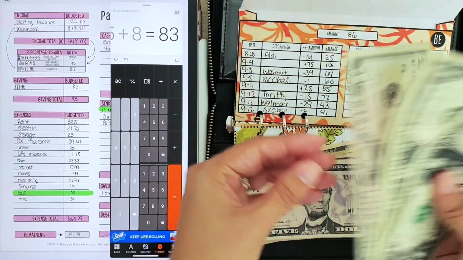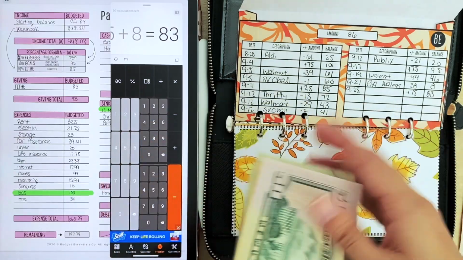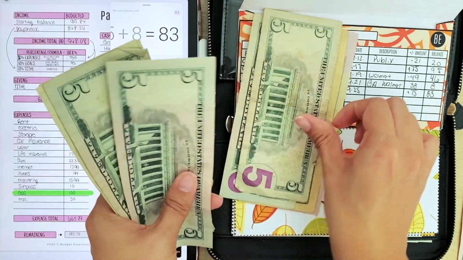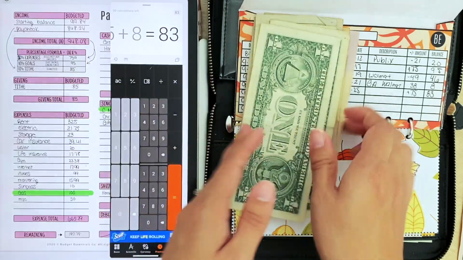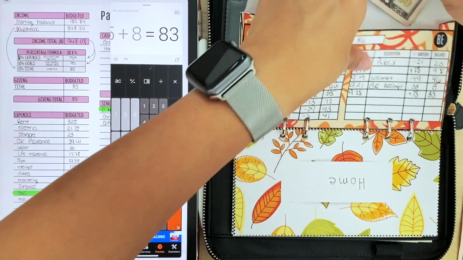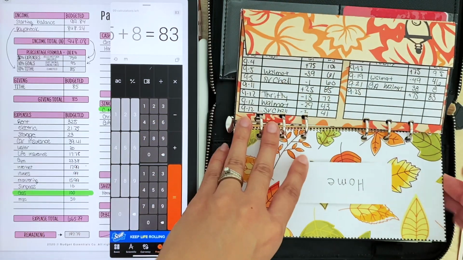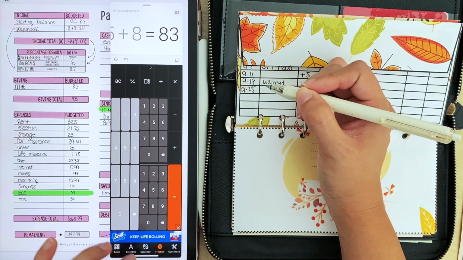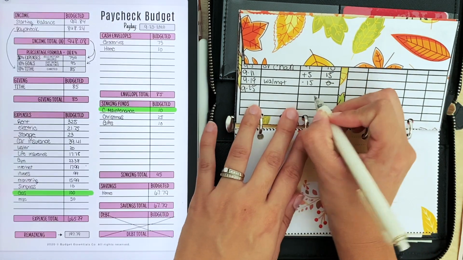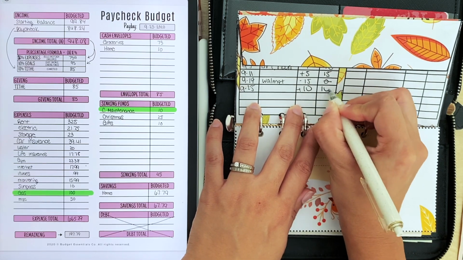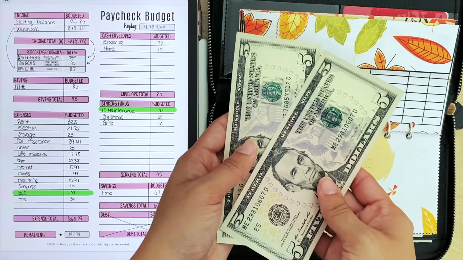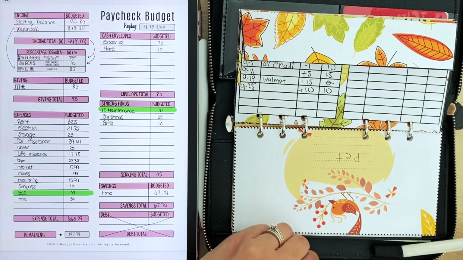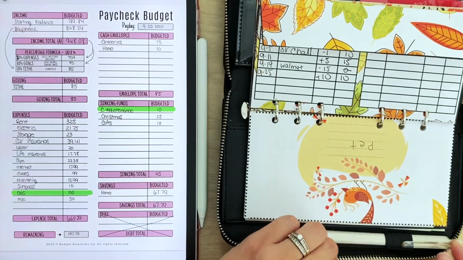Just make sure, because we have 50, 60, 65, 70, 75, 80, 1, 2, 3. All right, so that matches up. And then home, we are just adding in the $10. So I have my two 10s here, and we are good with that.